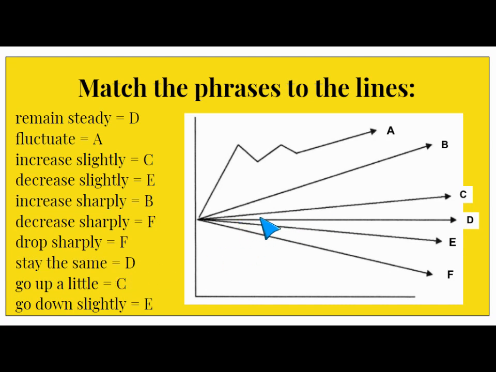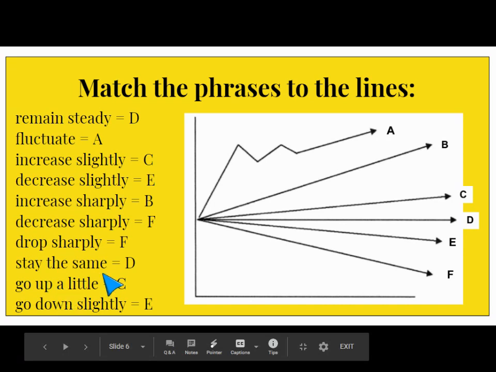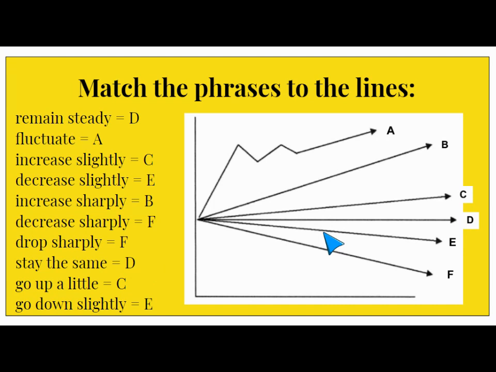All right, moving up from it, we have an increase with line C, but it's not a big increase, it's slight. So let's find which phrases would work for this. So I'm going to go with it increases slightly or it goes up a little. All right, opposite of that would be E, but it's not increasing slightly, it's decreasing slightly.